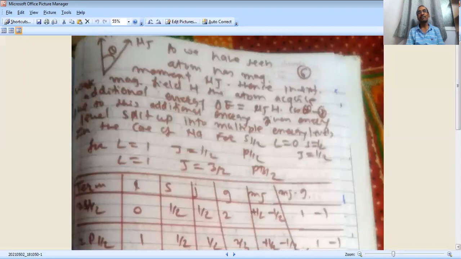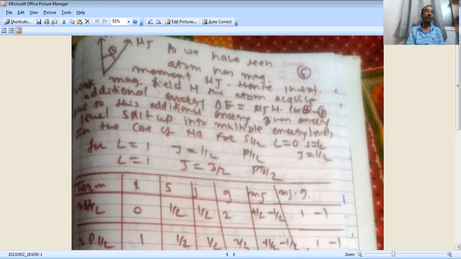additional energy delta E equal to the dot product of mu J and H. It is given by mu J H cos theta. From this diagram, it is clear.